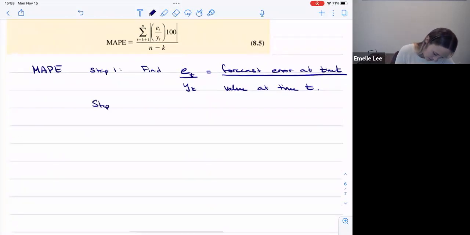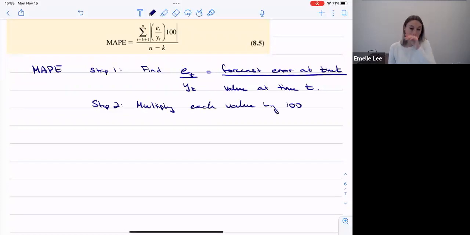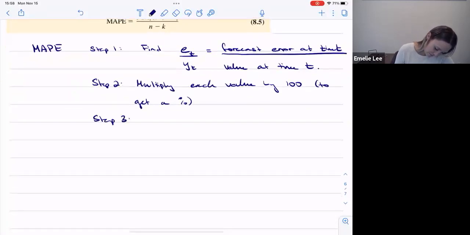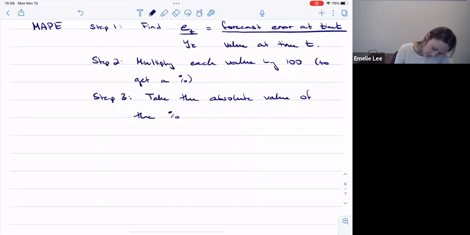Step 2, multiply each value by 100 to get a percentage. Step 3, take the absolute value of the percentage, since the error term can still be negative, right?